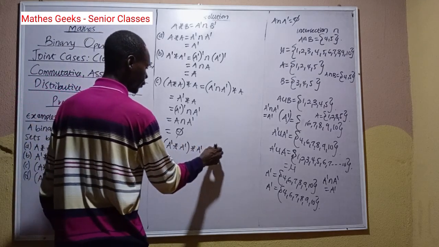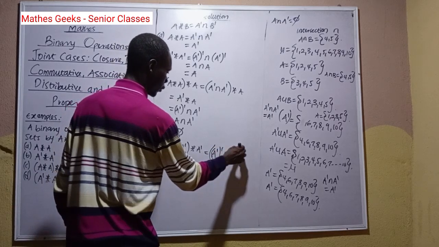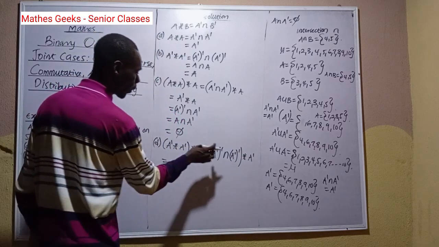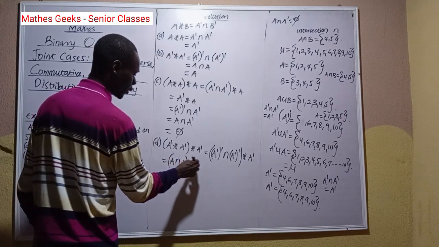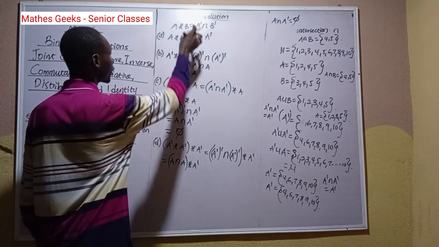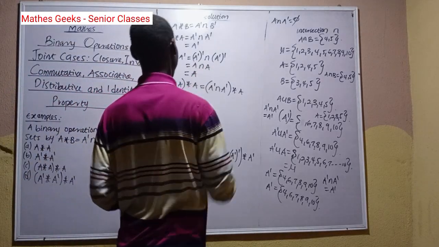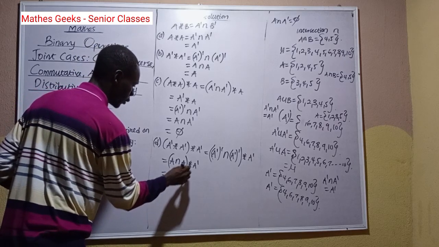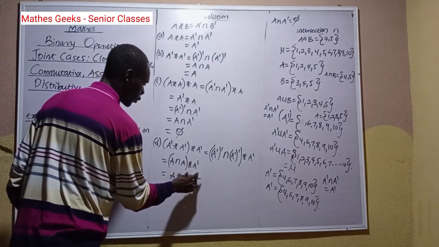This will give us A complement intersection A complement star A complement, so this gives us A intersection A complement star A complement, where A intersection A is equal to A. It gives us A star A complement.